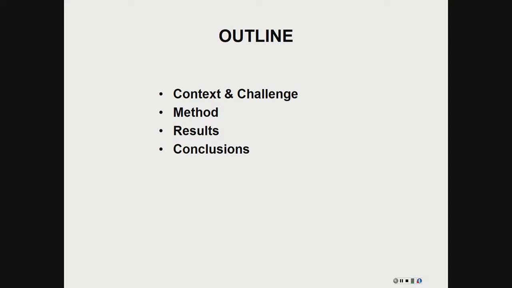Here is the outline. First, I'll talk briefly about the context and challenge, then methods. The method section includes only the procedure of what I did, not many equations, not many theories, and then results, and finally conclusion.